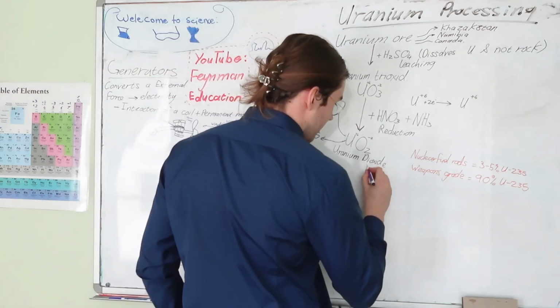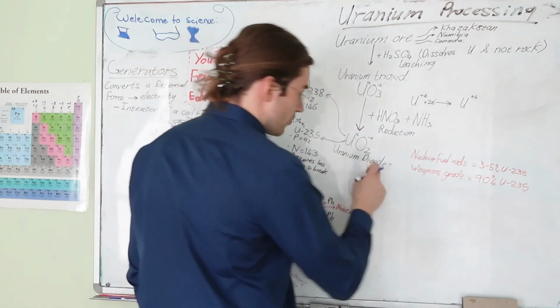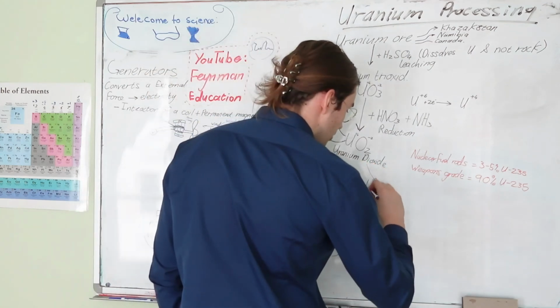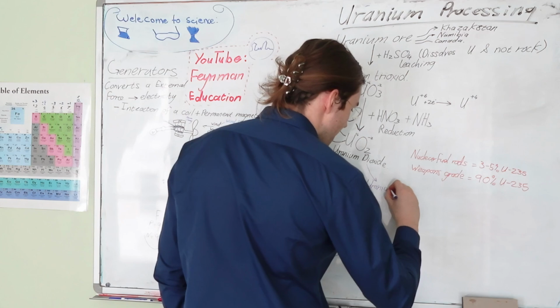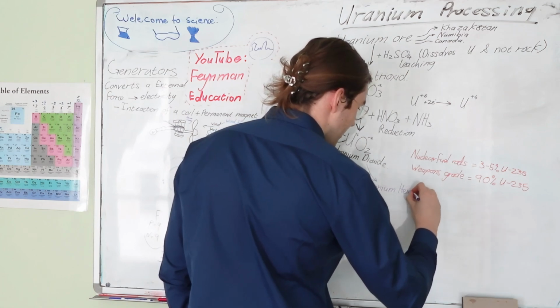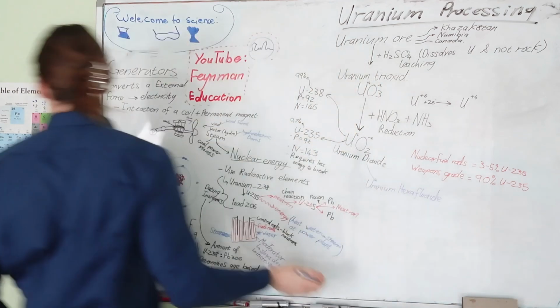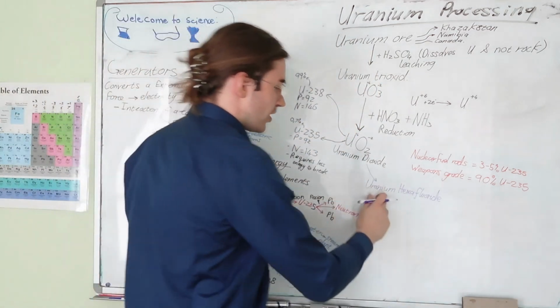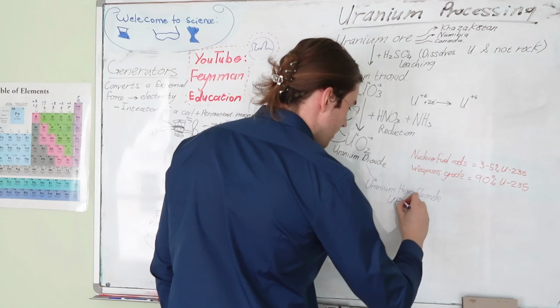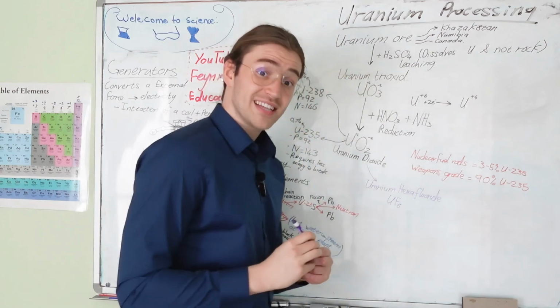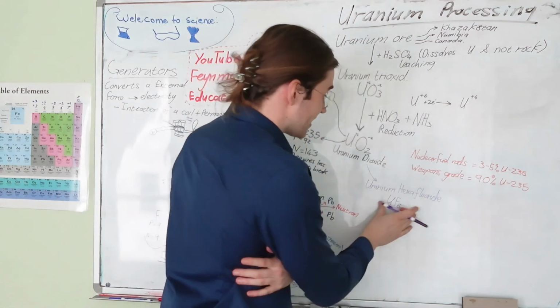First we're going to convert uranium dioxide into uranium hexafluoride, UF6. It's a gas. Uranium hexafluoride is a gas.